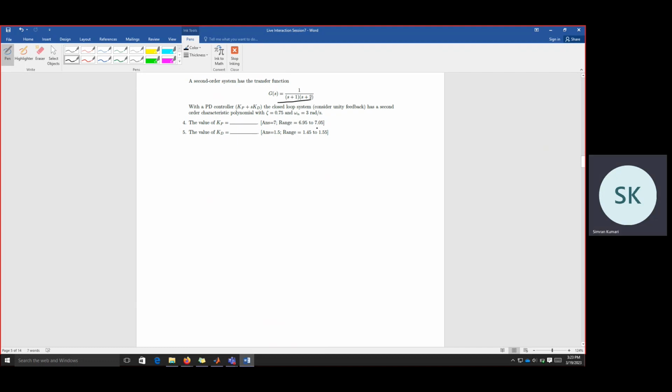The closed loop system has a second order characteristic polynomial with zeta 0.7 and omega n of 3 radian per second. You have this plant 1 by (S plus 1)(S plus 3).